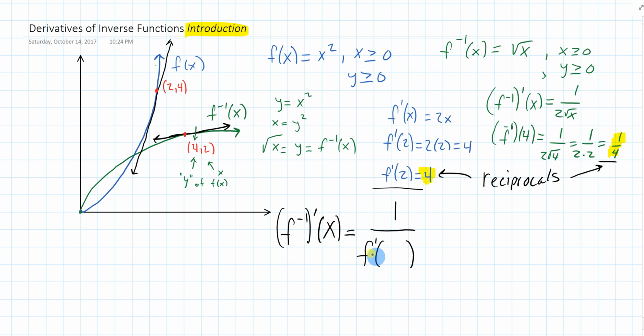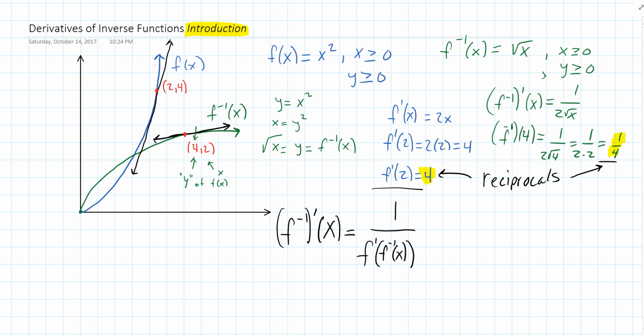So 1 over f prime indicates reciprocal. Well, what value are we plugging in here? We're not just going to plug in x. We're going to plug in the y of f of x, which is f inverse of x.